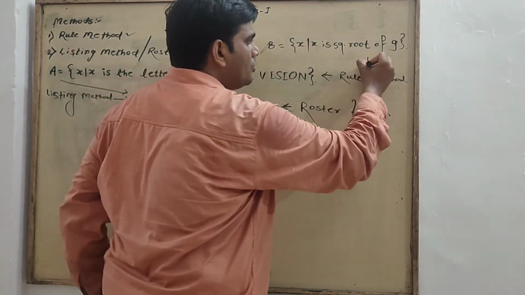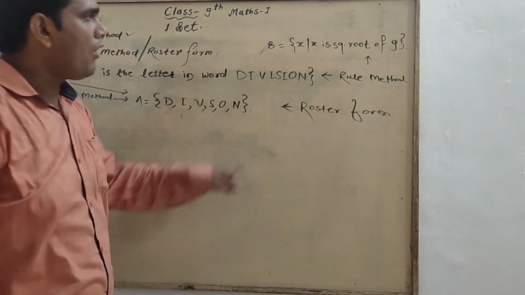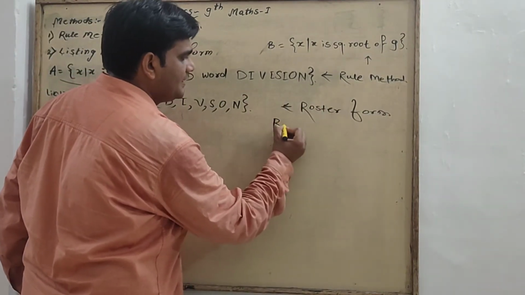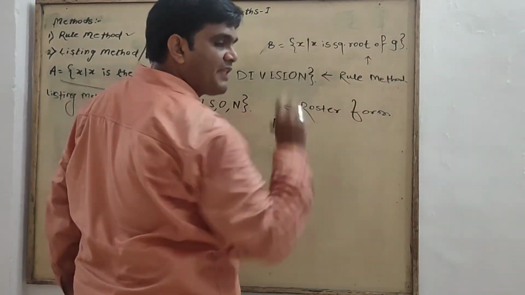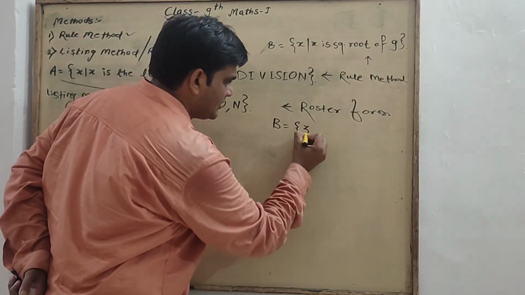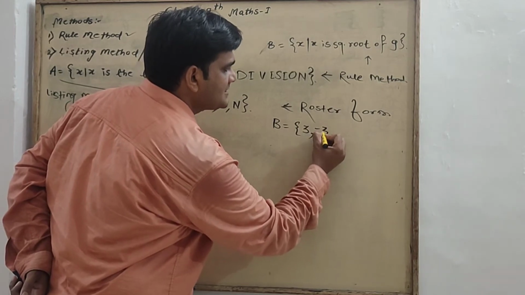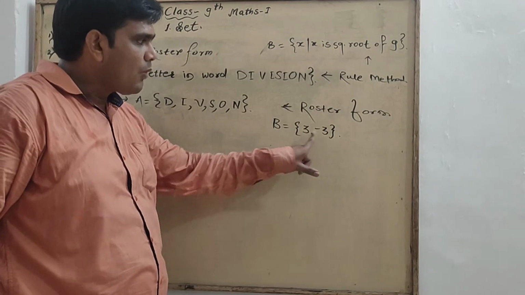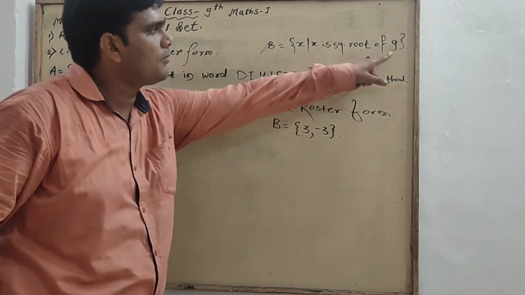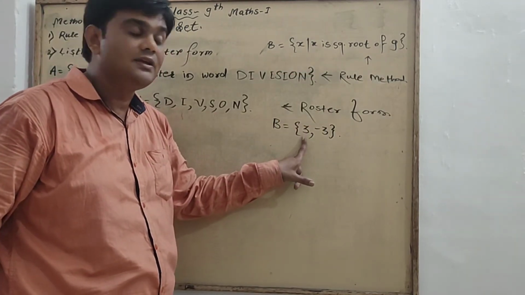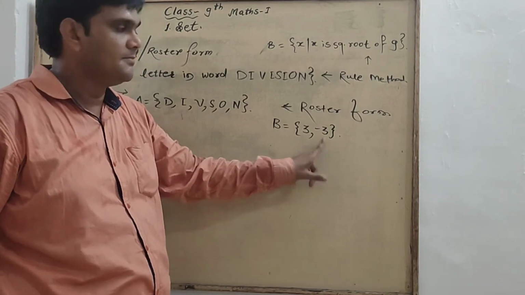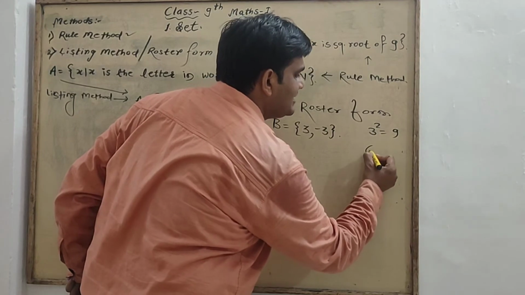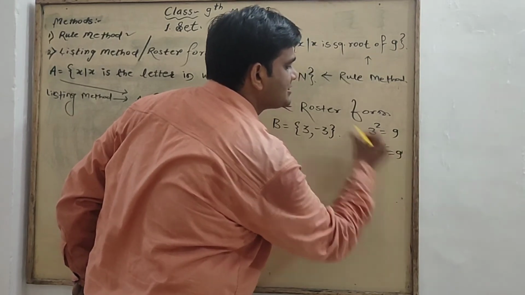Now what will you write here according to roster form? B is equal to 3, comma, minus 3. Now why is this? Because the square root of 9 is not only 3 but also minus 3, because 3 squared is equal to 9, and also minus 3 squared is equal to 9.